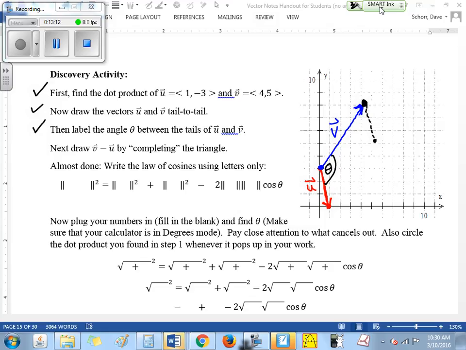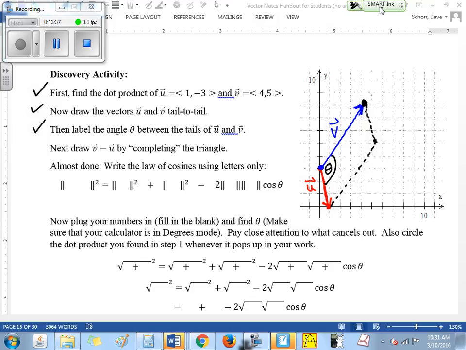Use that as the fourth vertex and create yourself a parallelogram. We know that the diagonal of the parallelogram represents the sum of u and v. Remember that? That was one of our lessons, day 2, part 1.